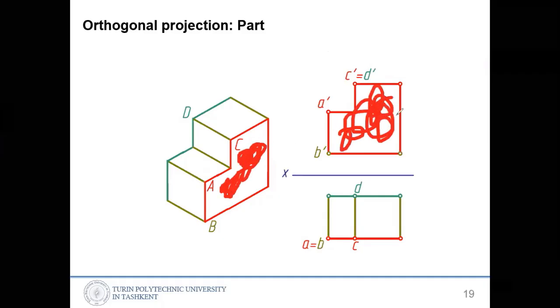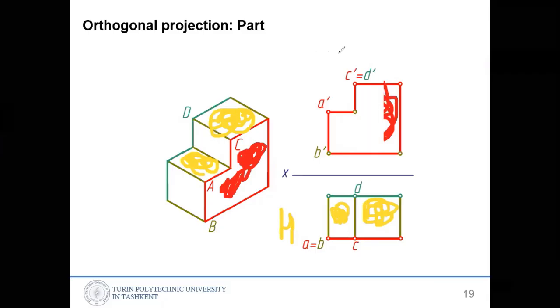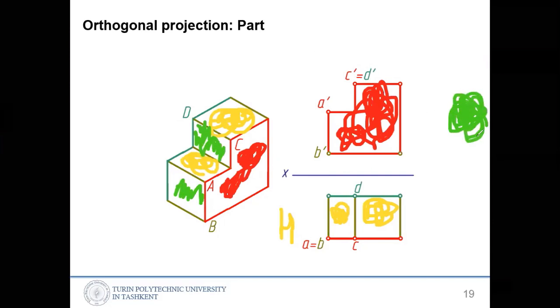Okay, so in the V plane side, everything yellow should appear here in the H plane. And in the W plane, everything on the green side should appear here.